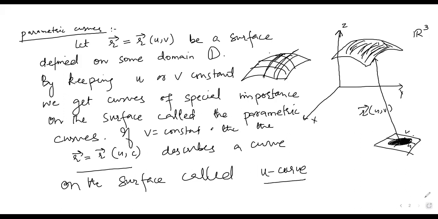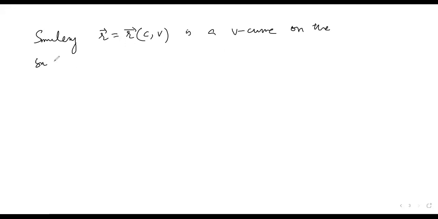Similarly, I will get a v curve. Similarly, R equal to R of some constant u, where u is constant, is a v curve on the surface. So both these u and v curves provide a kind of framework of the surface, which we get from these two curves, okay? This is a v curve, we call it a v curve because its variable is v, okay.